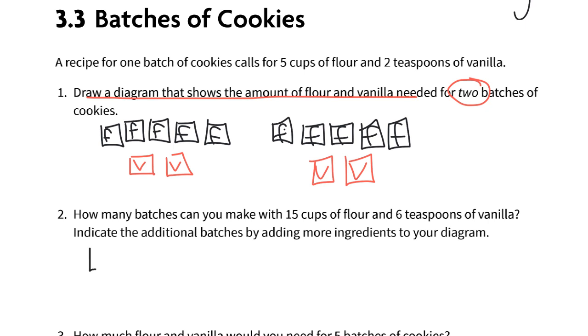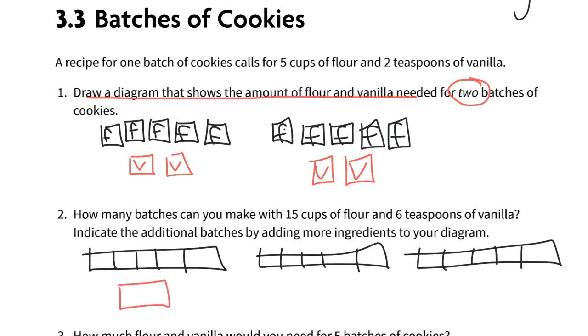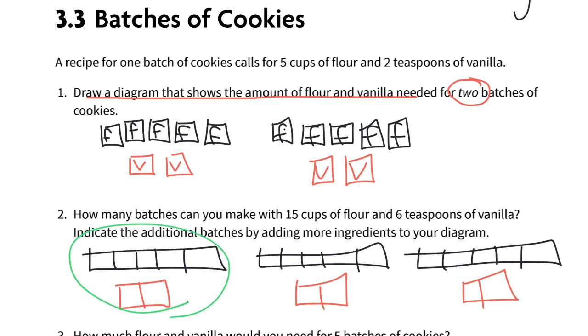So we have 5 flours, another 5 flours, and another 5 flours, paired with 2 vanillas, 2 vanillas, and 2 vanillas. So how many batches can we make? We can make 3 batches, batch 1, batch 2, and batch 3.